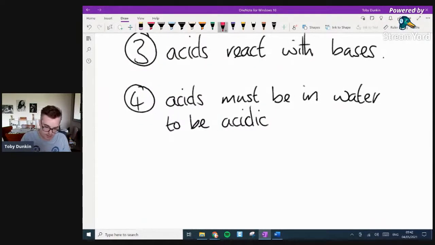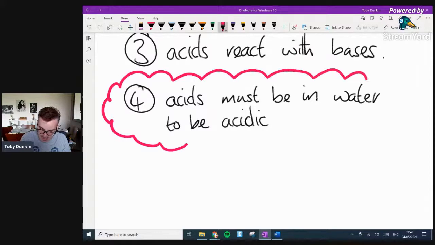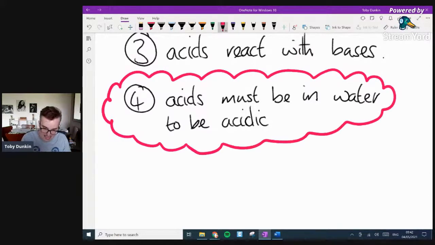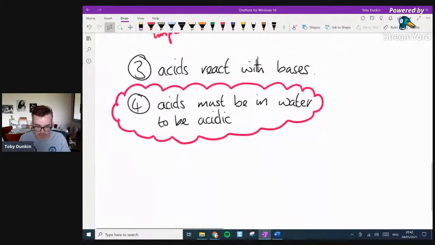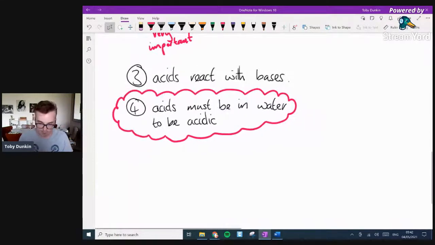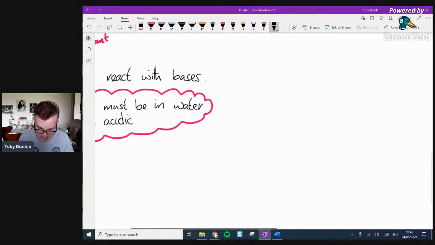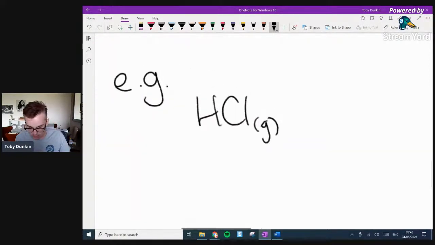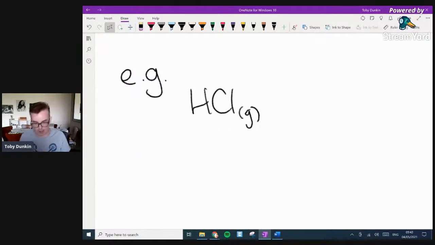So can I ask you guys to also flag this one, please? So an acid is not an acid unless it's in water. So for example, HCl gas, hydrogen chloride. HCl is actually a gas.